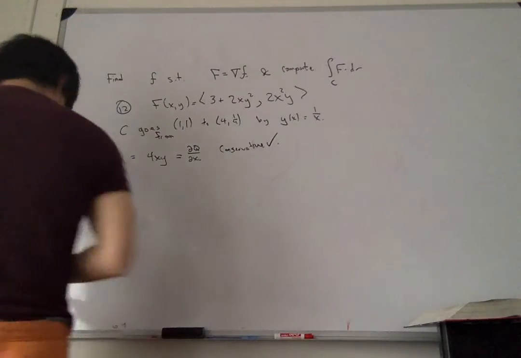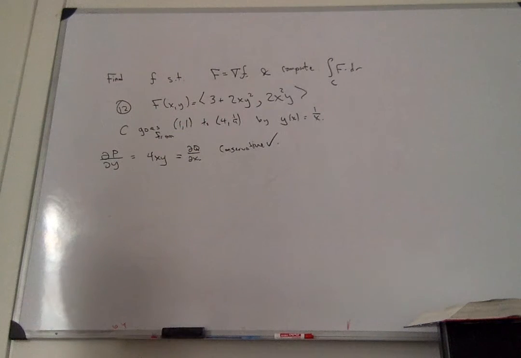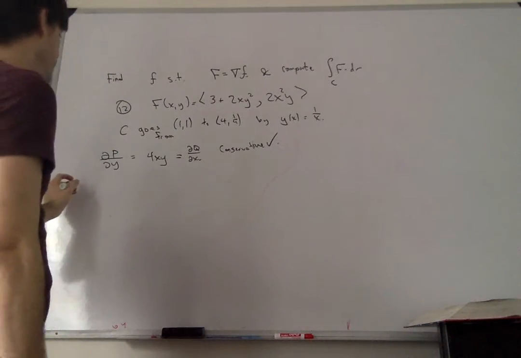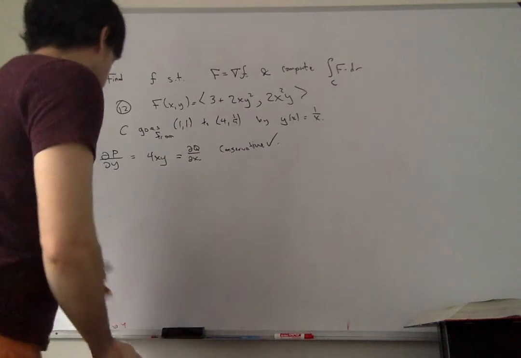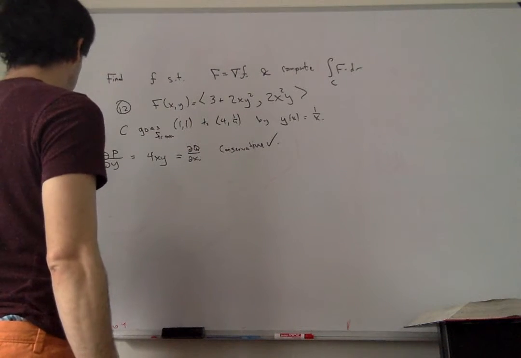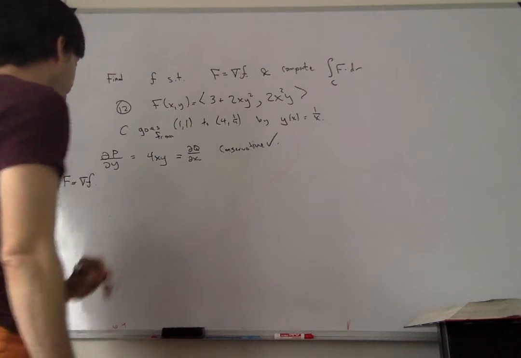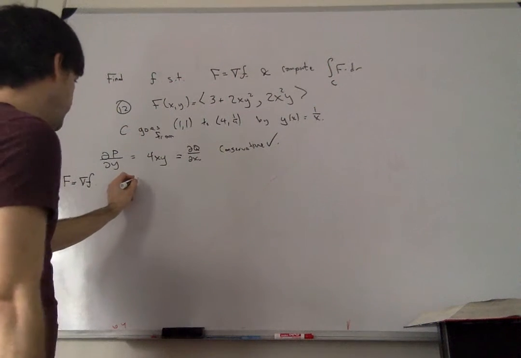Okay. Now, this is an interesting thing I'm going to do here. Suppose that, well, we don't have to suppose, we now know these are equal. So I have this. So, what does this mean?